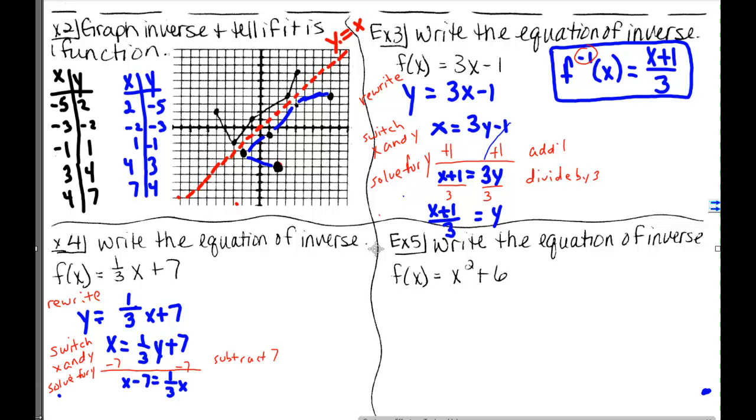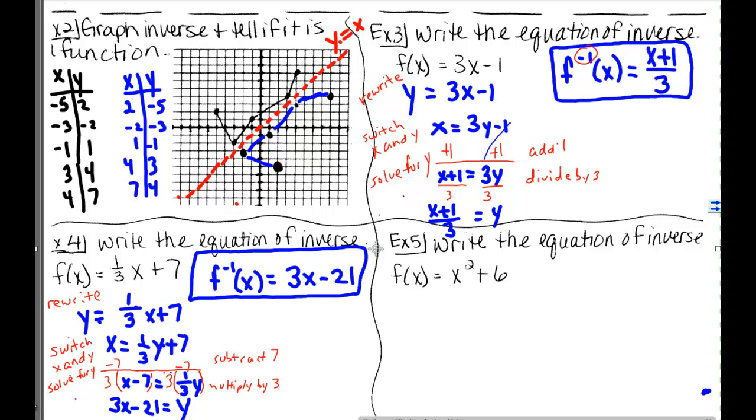So we subtract 7 from both sides, and I end up with x minus 7 equals 1/3 y. Multiply both sides by 3, and we have y equals 3x minus 21. We are done. Rewrite the equation with the inverse notation. F inverse of x equals 3x minus 21.